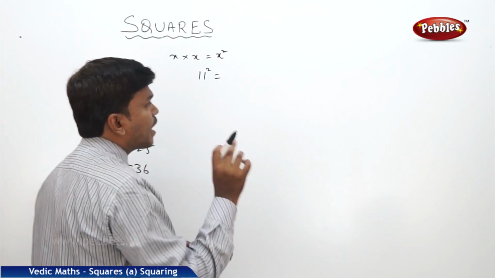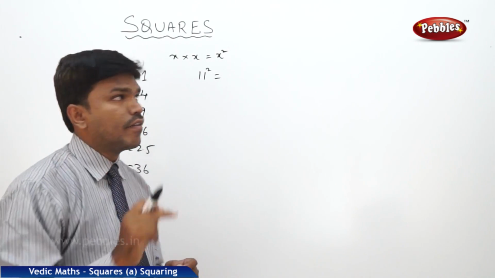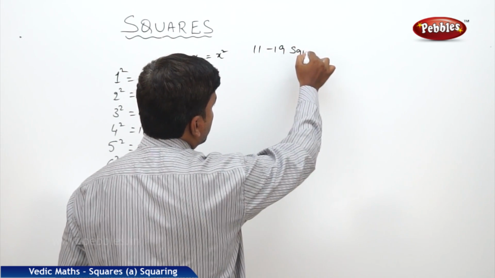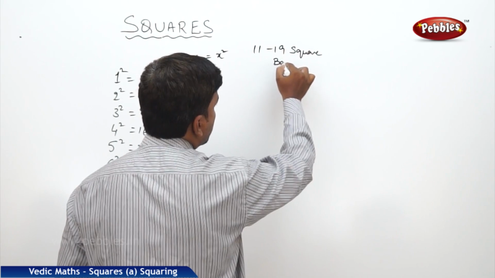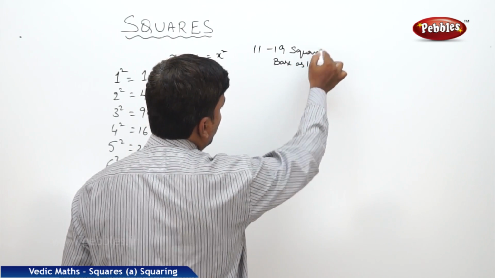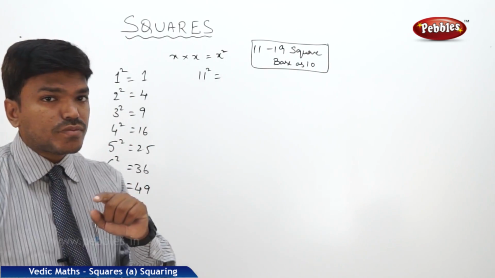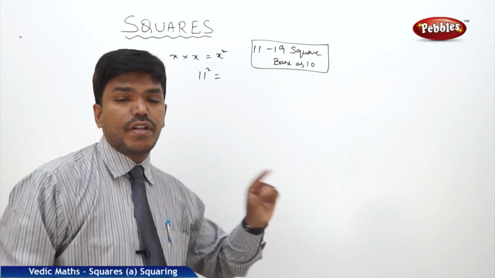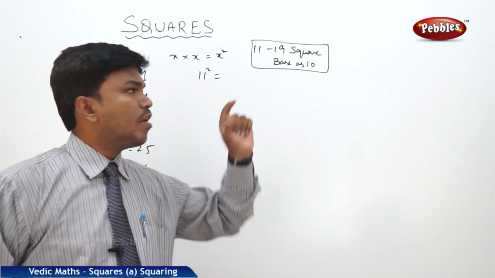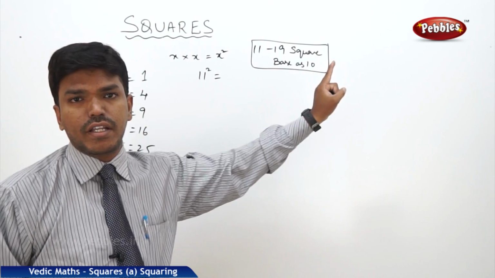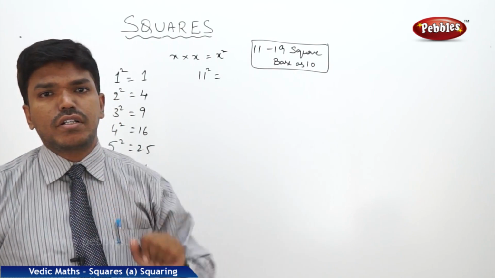From 11 to 19 squares, we take the base as 10. Keep this in your mind. Whatever squares we handle between 11 to 19, we have to compare with 10.